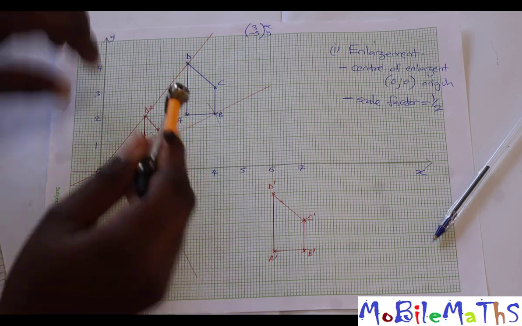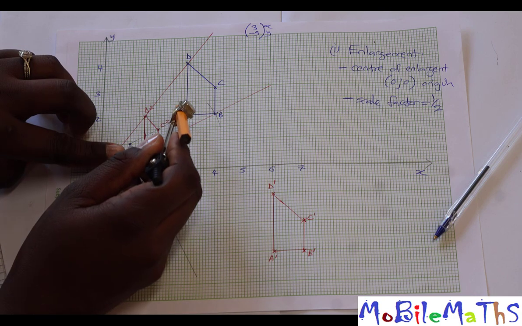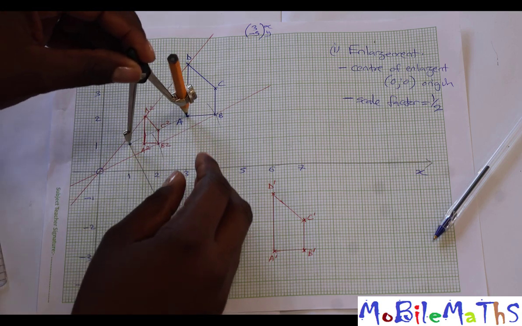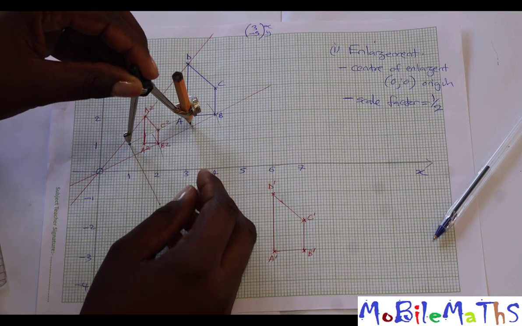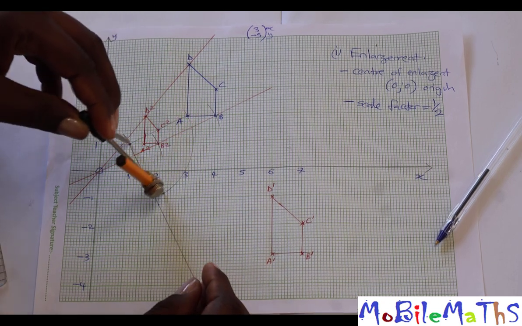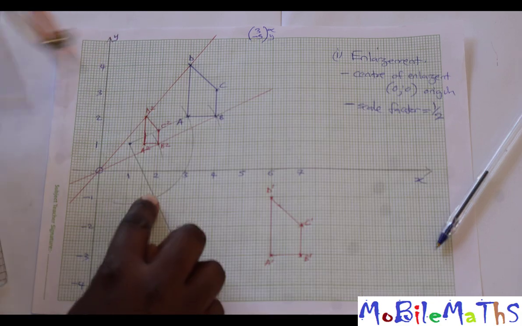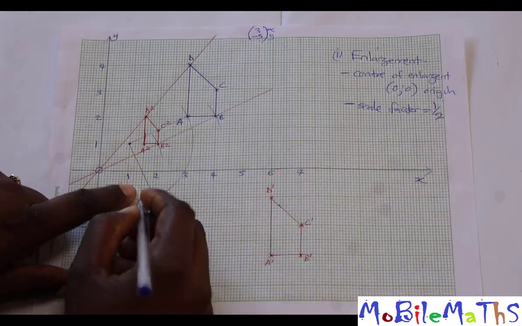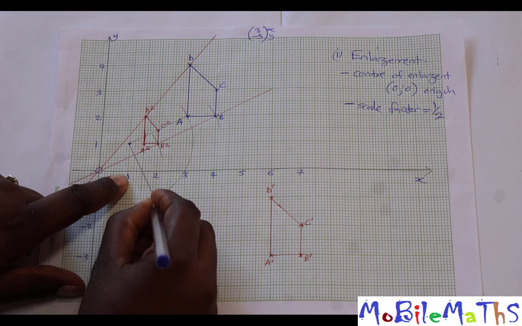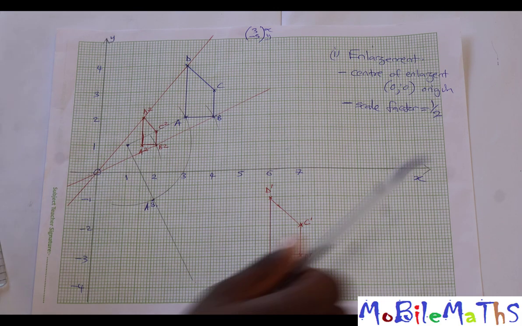Then I go on my center for point A, I check its opening, it's this. Then I can draw my arc like this. So it means it's rotating like this, so it's going to be here. So I'll have my A3 here. Okay, so this is the point for A3.